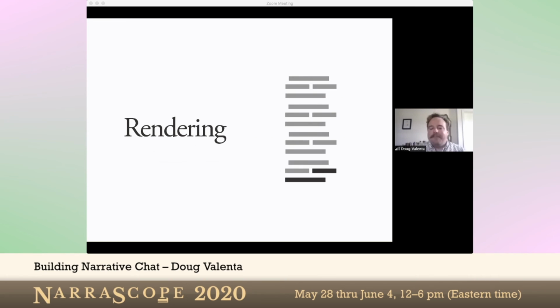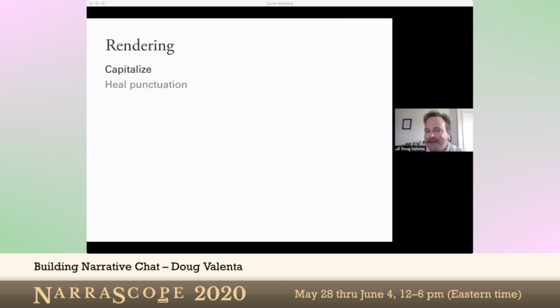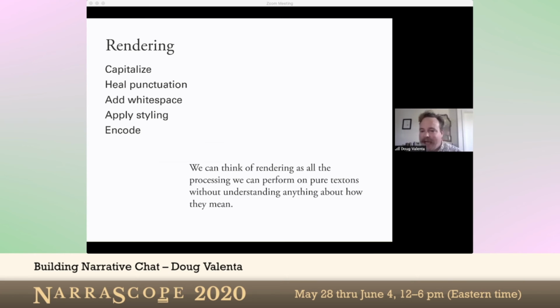So the final step here we call rendering, and rendering encompasses a wide variety of maybe seemingly unrelated activities, but the common thread is that these are all things that we can do just to the text, without really having to know very much at all about how they're being used. We basically just need the text and the disposition of the narration to be able to perform these processes on them.